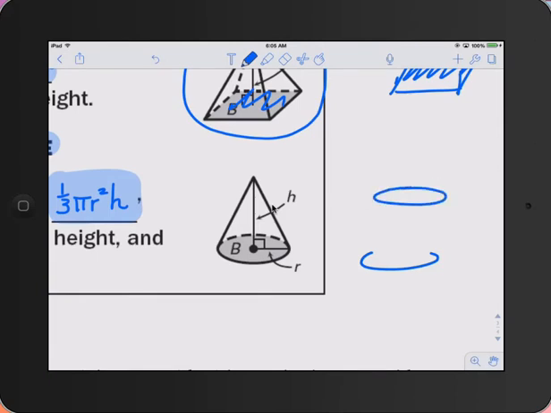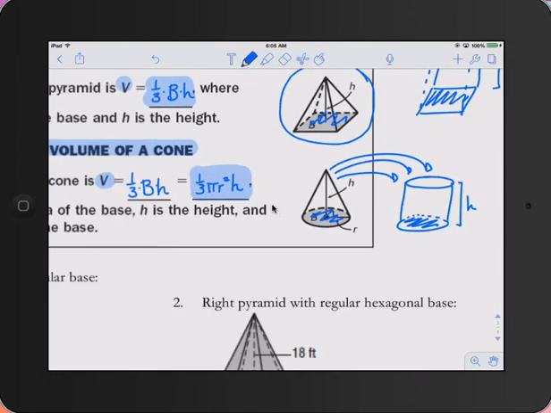Not the best circles, okay. So a cylinder that has the same height, that's supposed to be a right cylinder, not the greatest picture, and the same base area here. It would take, again, 3 of those to fill up that cylinder.